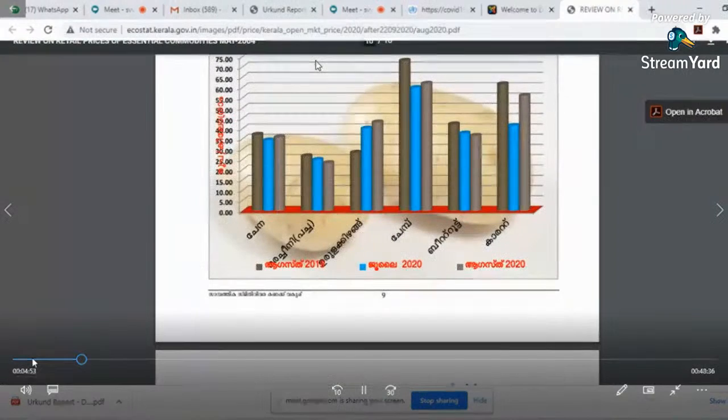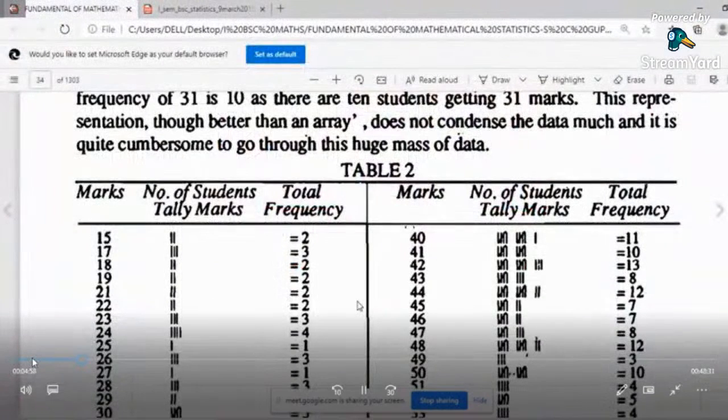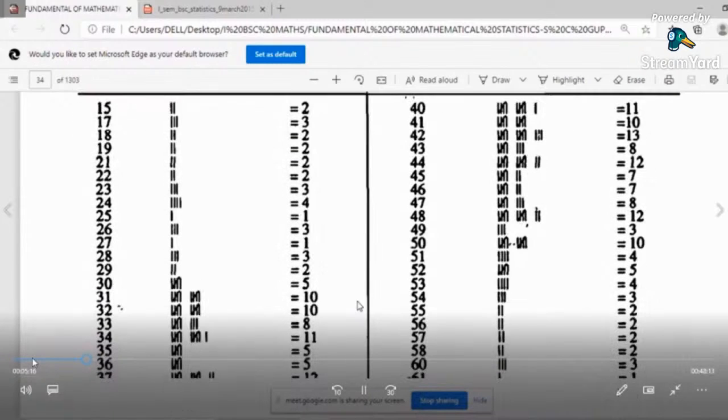Like this, you can see many kinds of information on several government websites, maybe about COVID, maybe about agricultural information, or financial information. With regard to Reserve Bank of India data, that will be the financial information.